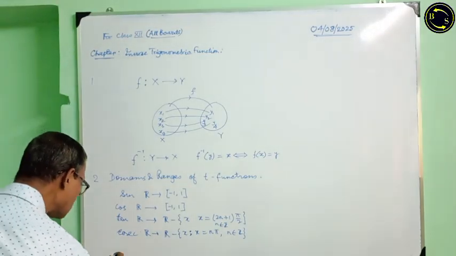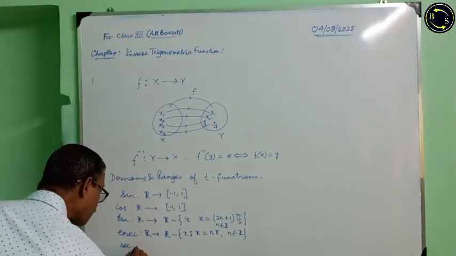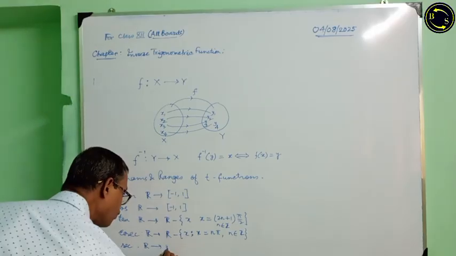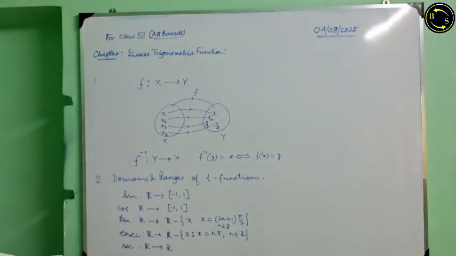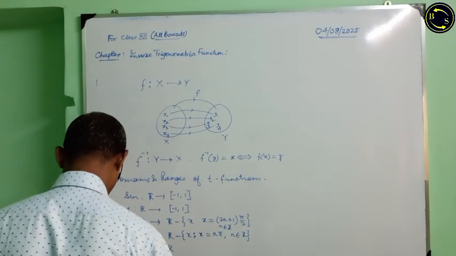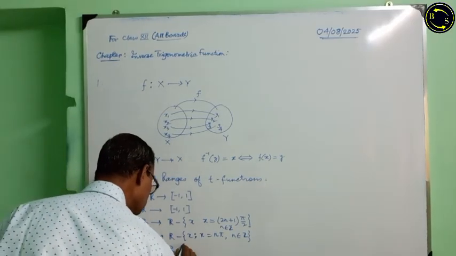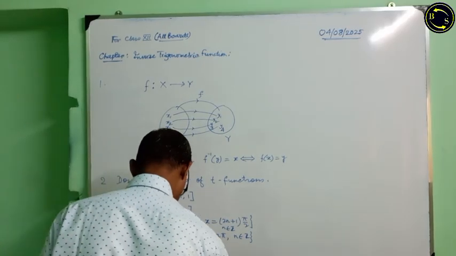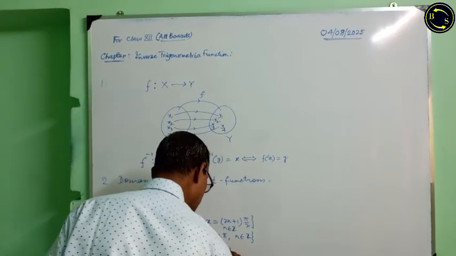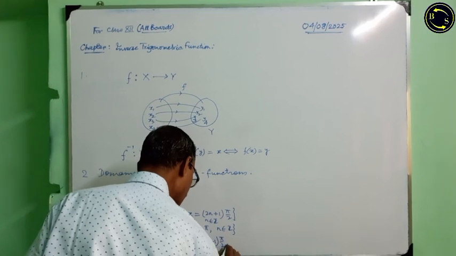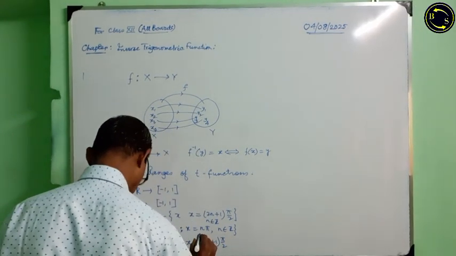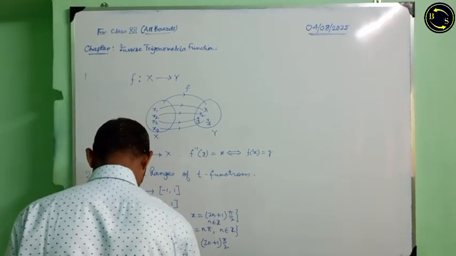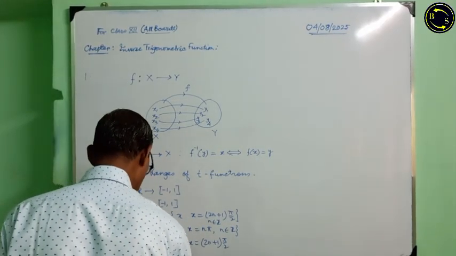Then sec, set of reals to set of reals minus set of x such that x equal to 2n plus 1 into pi by 2. Sorry, the domain is this one.